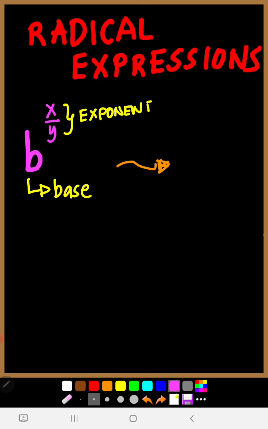So yung base, magiging siya yung radicand. So yun yung b. And then you will use this symbol, what we call the radical sign. And then yung denominator ng exponent, yun yung magiging index niya.